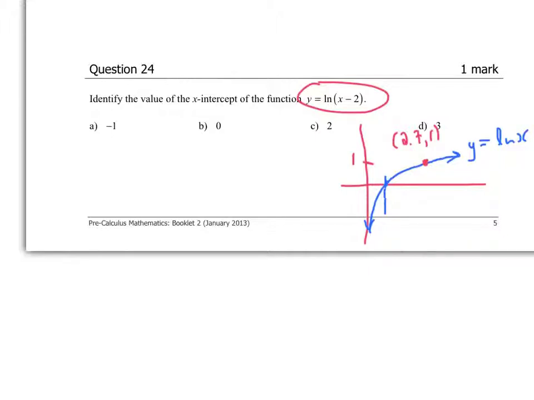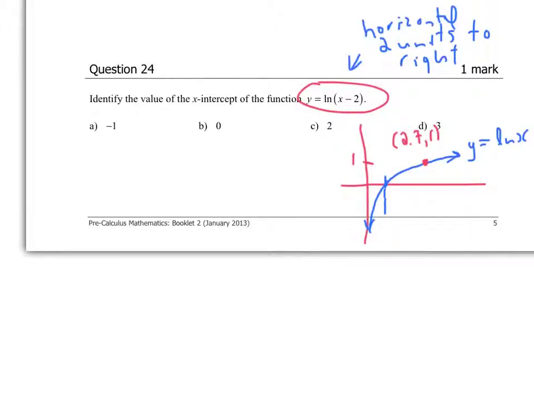We also need to be aware that this particular equation is a transformation. Because it's inside the brackets, it's a horizontal transformation, and it's 2 units to the right.